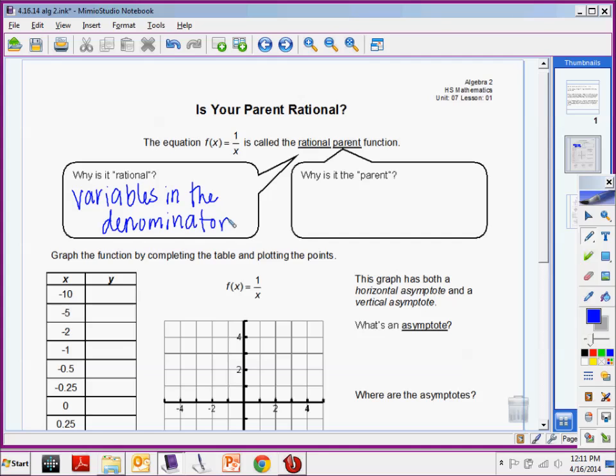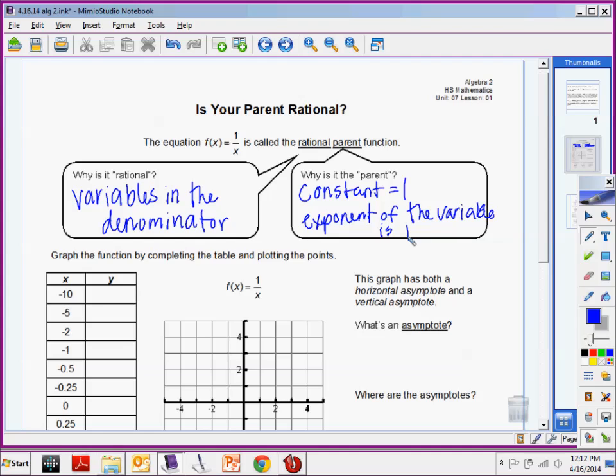Why is it parent? Well, it's a parent because, first off, your constant equals 1, and the power, your exponent of the variable, is equal to 1.